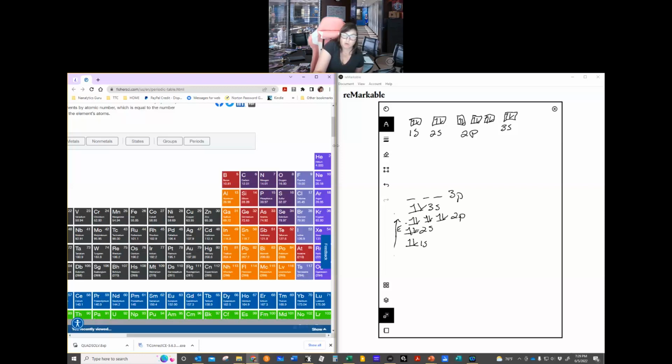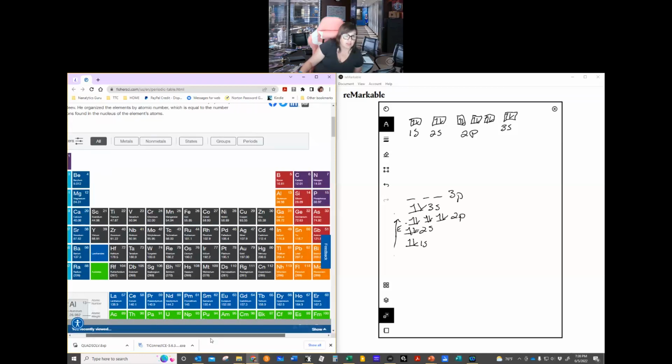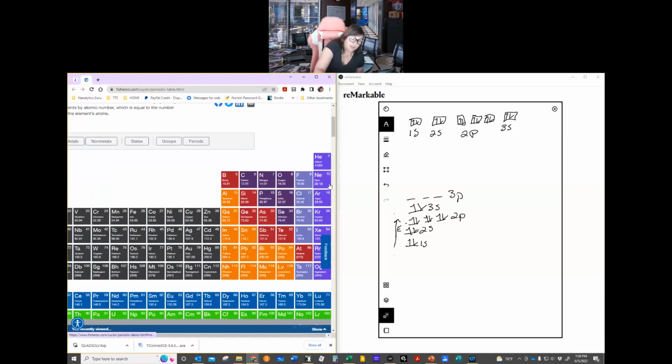So if we're talking about magnesium, which is number 12, which is over here in my 3s2, the core for that is the noble gas before it. So the noble gas before it is neon, which is number 10.